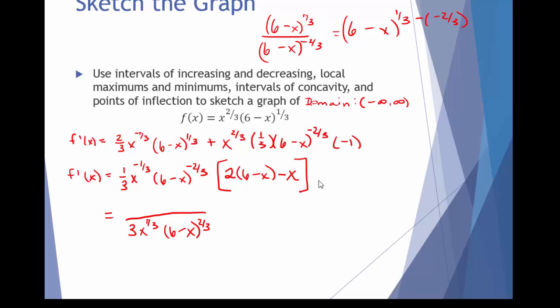The only thing that's going to stay in my numerator ends up being 12 minus 2x minus x, also known as 12 minus 3x. I see that I could factor a 3 out of these, and if I do, it will cancel the 3 down here. So I will end up with (4 minus x) over x^(1/3) times (6 minus x)^(2/3). And that is the simplified version of my first derivative.